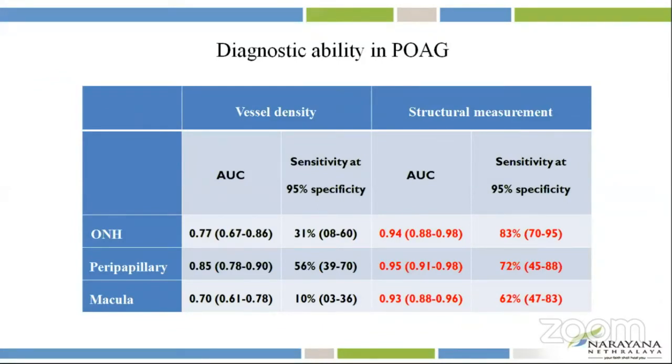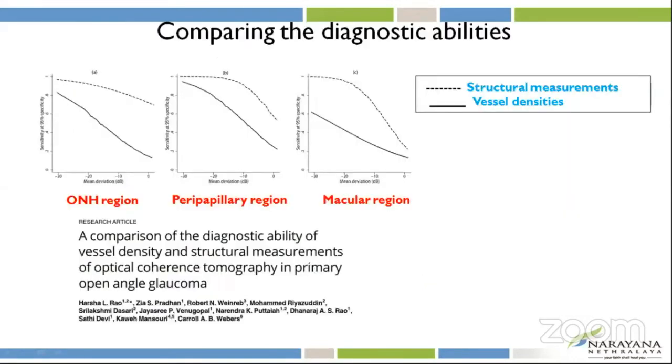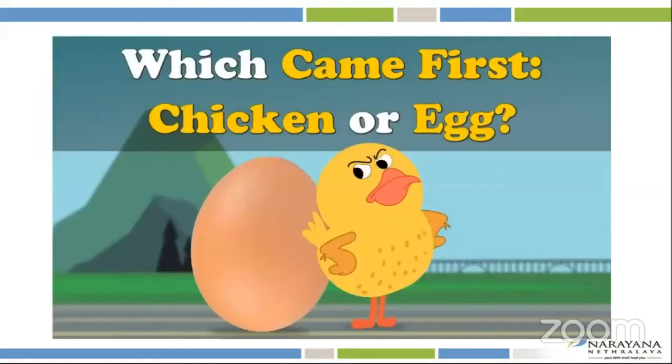The area under the curve, AUC, of both peripapillary vessel density and RNFL thickness ranges between 0.85 to 0.95. So how does this reflect clinically? When we compare the ONH region, the peripapillary region, and the macular region on structural and vessel density measurements, it was shown that OCTA is not superior to OCT measurements in diagnosing POAG.